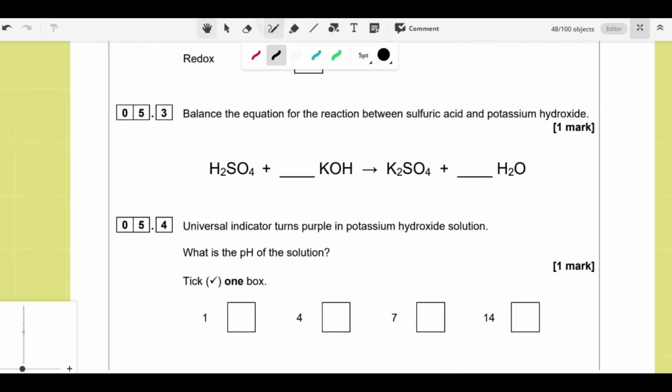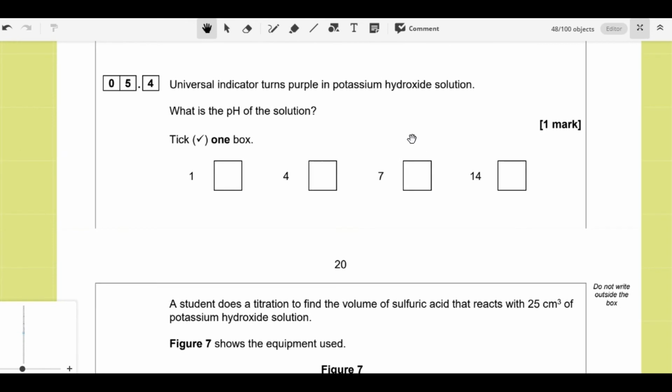Here you can see the 2 potassiums in the product side, so you need to multiply here by 2, and then it will form 2H2O, because here you can see a total of 4 hydrogens on the reactant side. Now the next, universal indicator turns purple in potassium hydroxide solution.